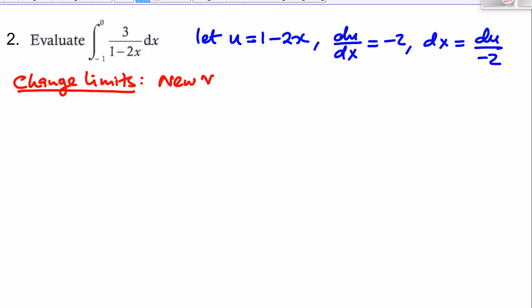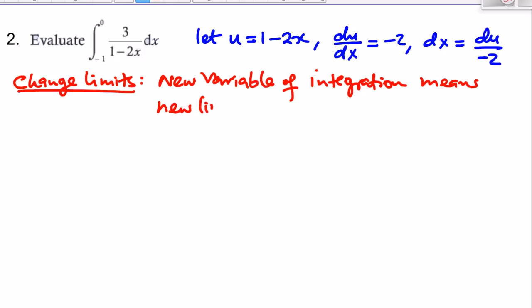So new variable of integration means new limits.